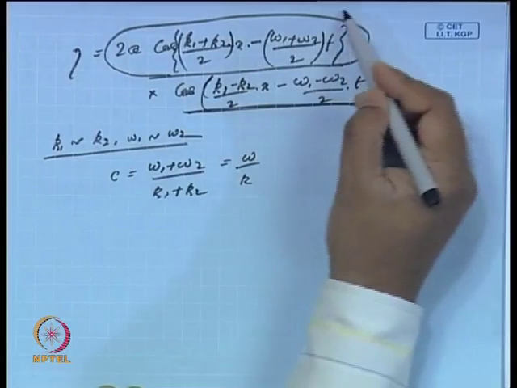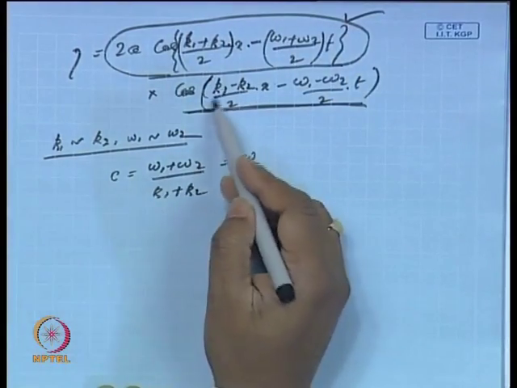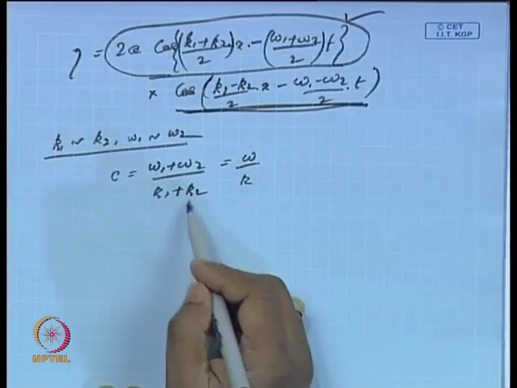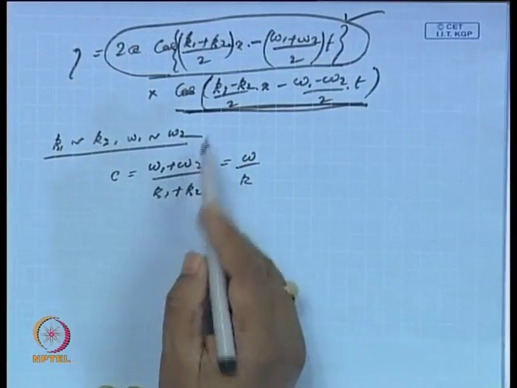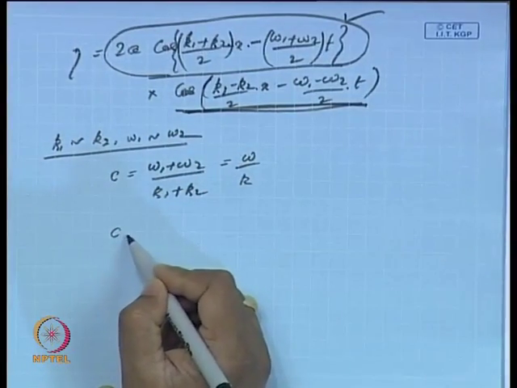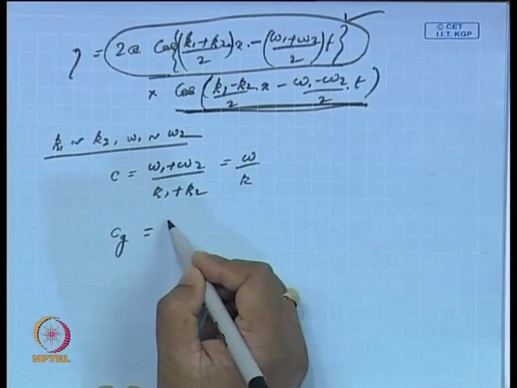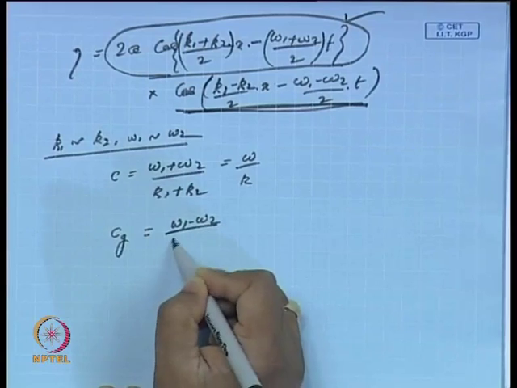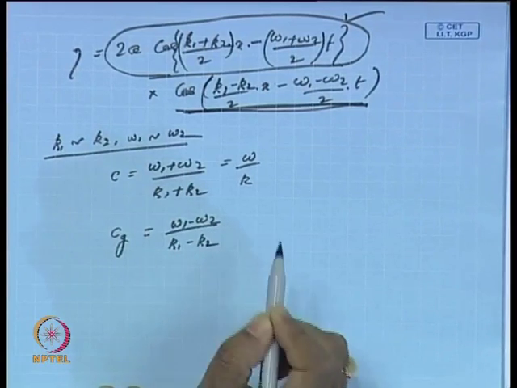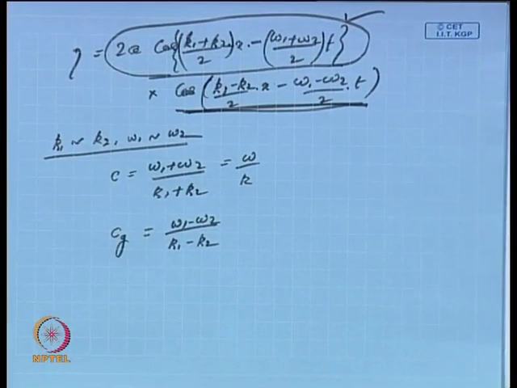That comes from the first part. But if I look at the second part, and I take it as the envelope amplitude of the wave, then I will call this C g, and it gives me (omega 1 minus omega 2) by (k 1 minus k 2), when k 1 tends to k 2 and omega 1 tends to omega 2.